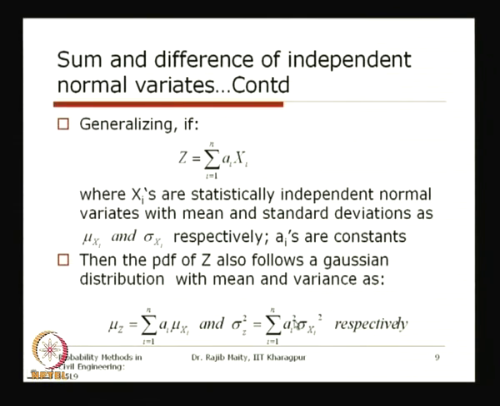We explained this when discussing the second moment: when a random variable is multiplied by a constant, that constant is squared in the variance. So for the summation of n such random variables, the variance is the summation of a_i squared sigma x_i squared for i from 1 to n.